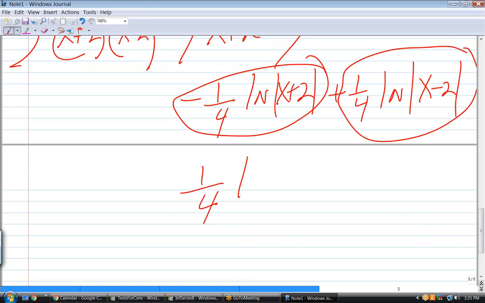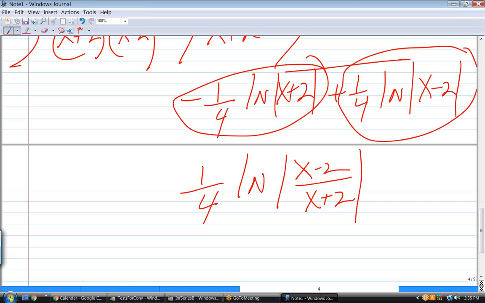I end up with the natural log of x minus 2 in the numerator, divided by x plus 2 in the denominator. In other words, I combine those into one log function. Okay, so that's the answer.